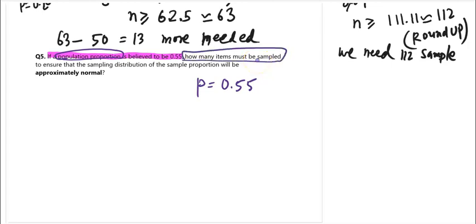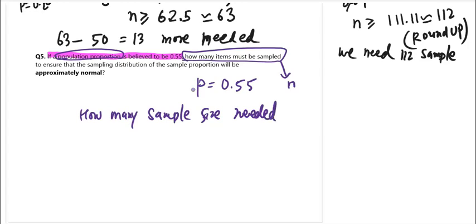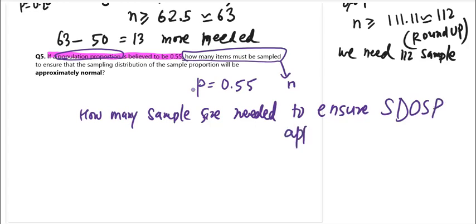In this question you're looking for n, the sample size, to ensure that the sampling distribution of sample proportion will be approximately normal. That's the question.